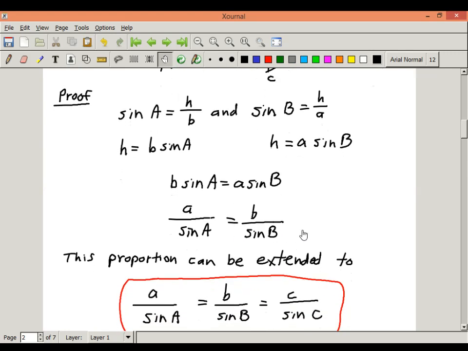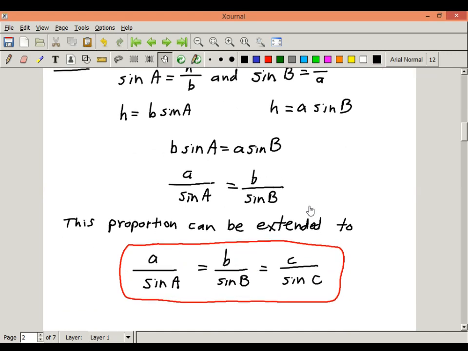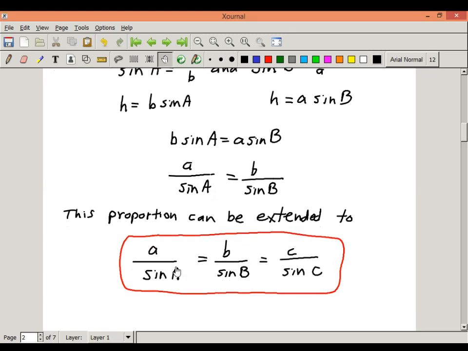This proportion could be extended. If we had started with a different altitude on that original triangle, we would actually be able to extend this proportion to one more side and angle. And so you would have this statement.